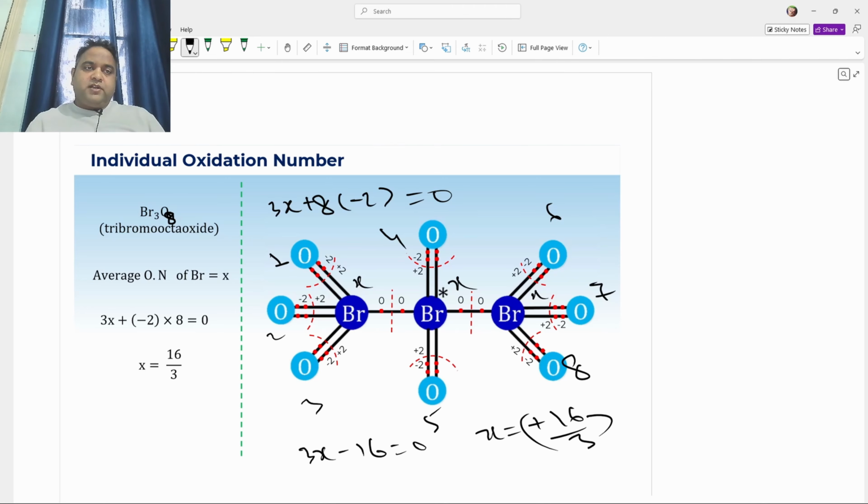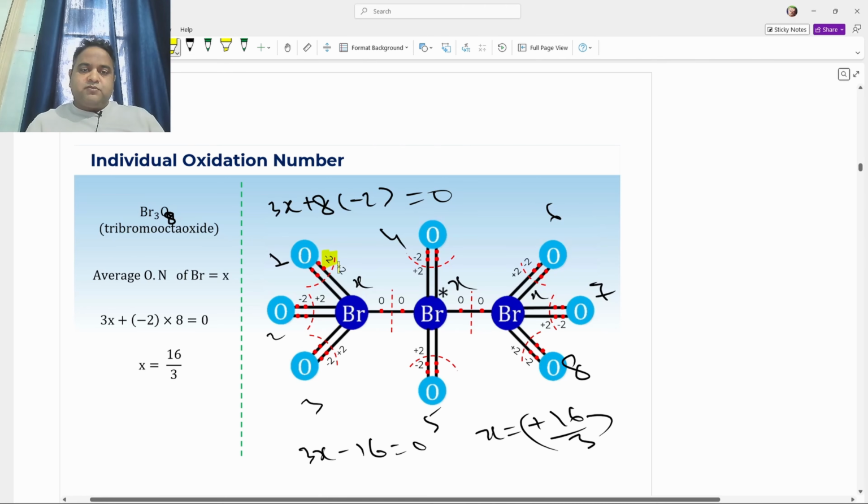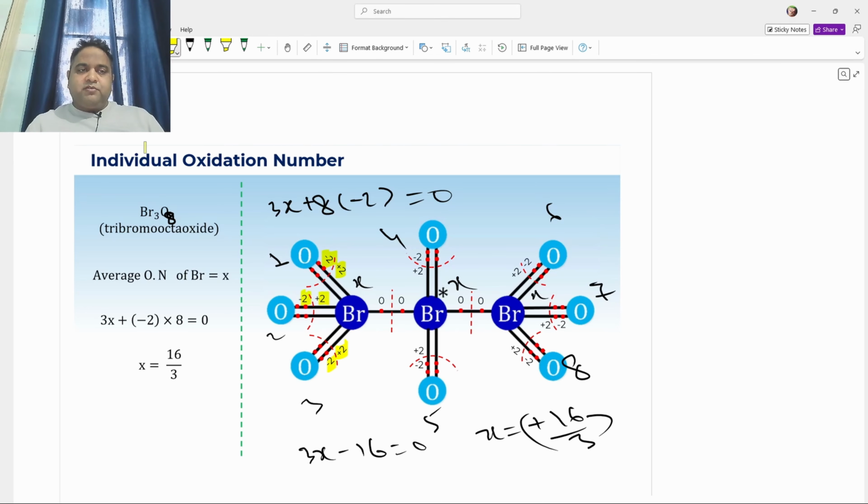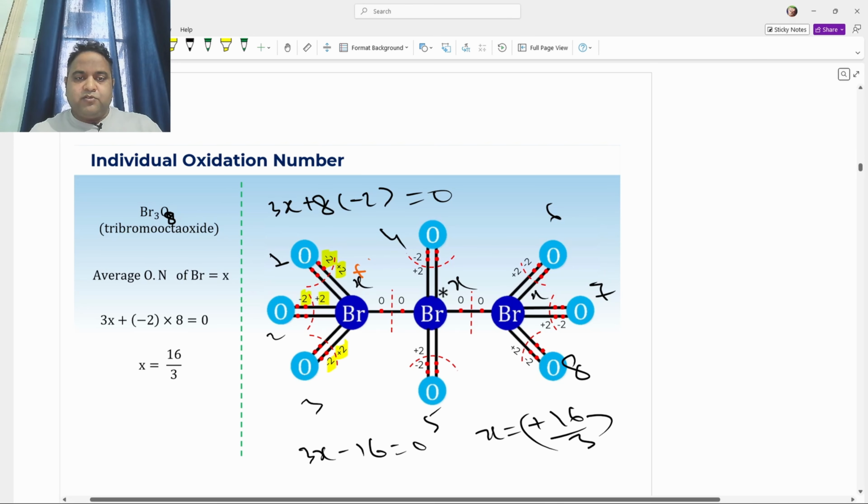Now check electronically what is the possibility. Electronically you can say this is having -2, so this bromine having +2, -2, +2, -2, +2. Entirely, how much is the bromine net having? Bromine is having total, you can see here, -6 and +6.